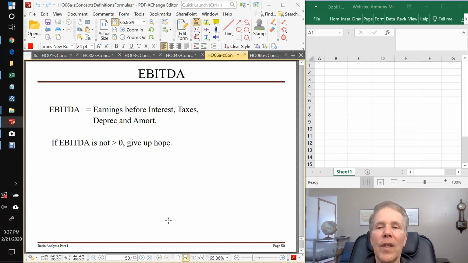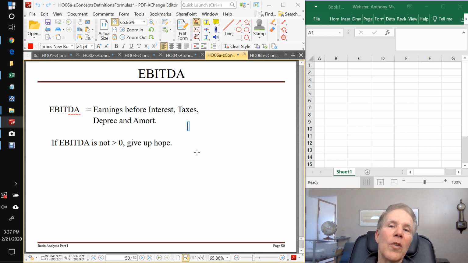Okay. And we talked about EBITDA. EBITDA is just like EBIT, except now we're also excluding depreciation and amortization, if any. How do you know if there's amortization? Well, if it's on the income statement, you got it. And if it's not, then you only have depreciation.